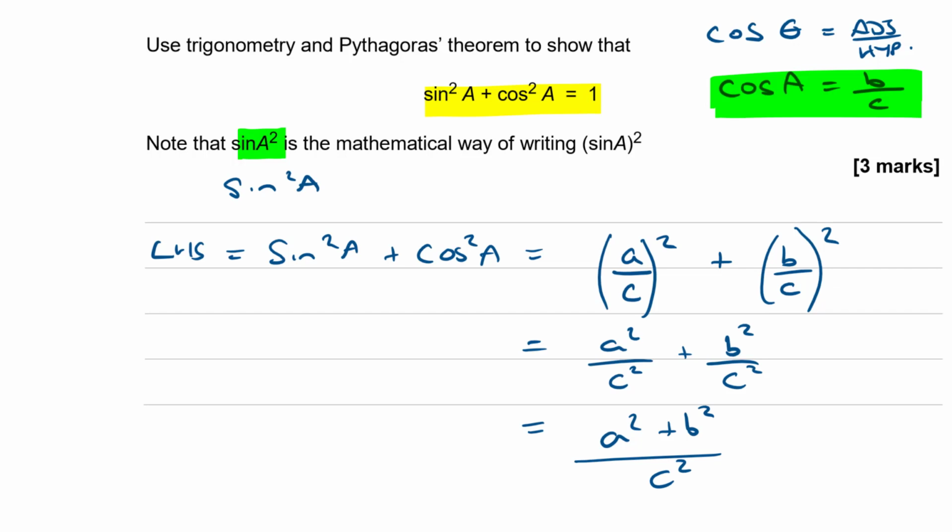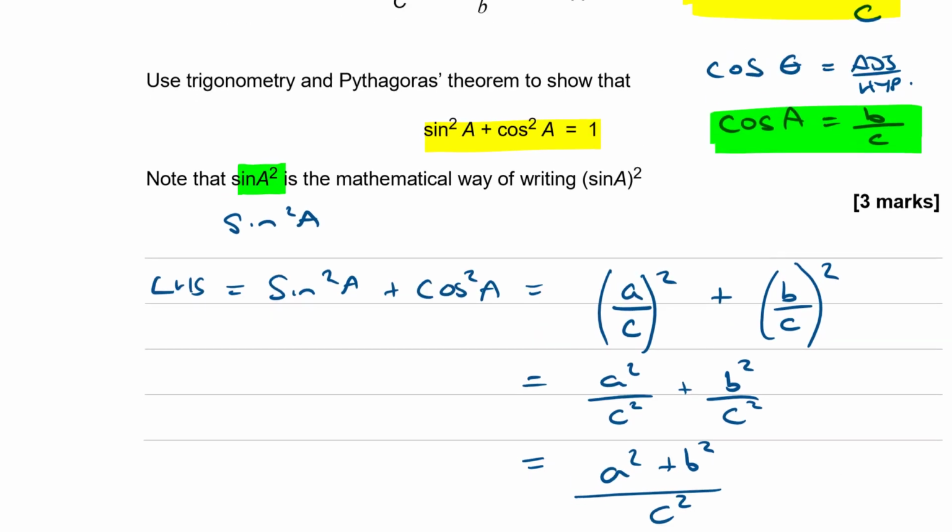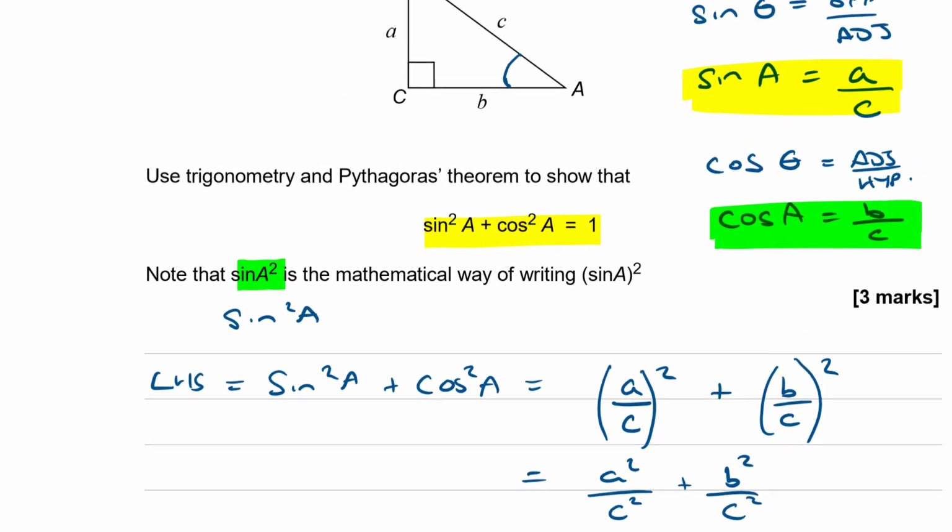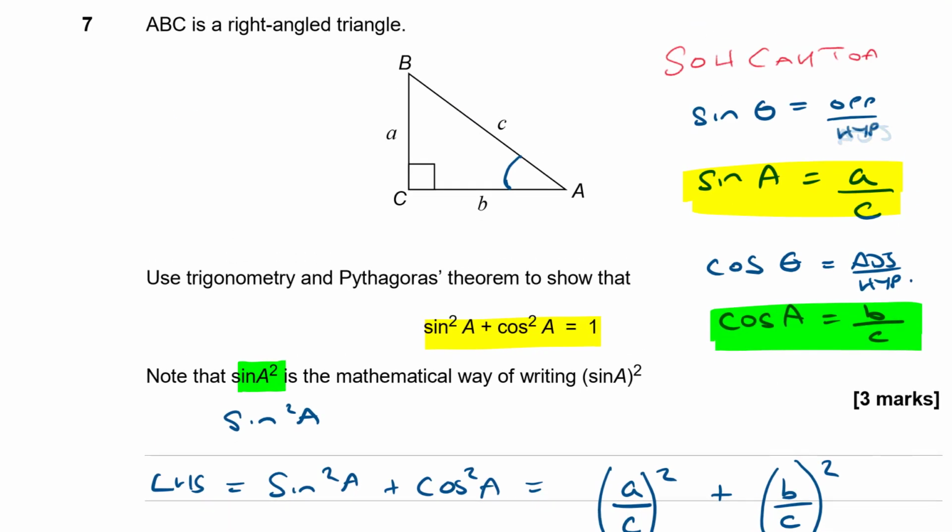But because we also know from Pythagoras theorem that C squared is equal to A squared plus B squared, that means I can replace A squared plus B squared with C squared if I want to.